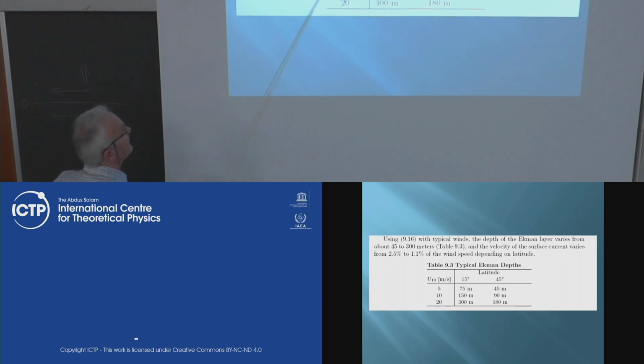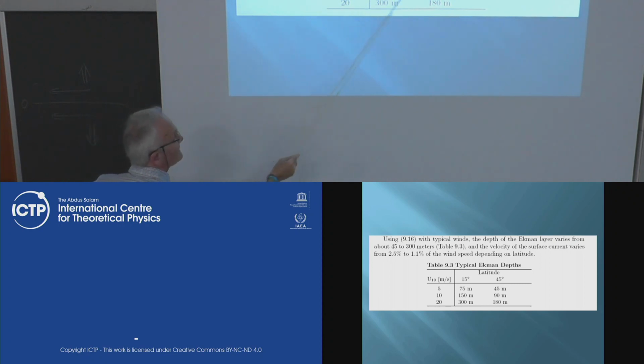Using the typical winds and the previous formula, we obtained this typical Ekman depth as a function of latitude, and it makes no difference whether north or south. As I told you before, below this Ekman layer starts the interior layer where the horizontal pressure gradient determines the current, where geostrophy becomes important.